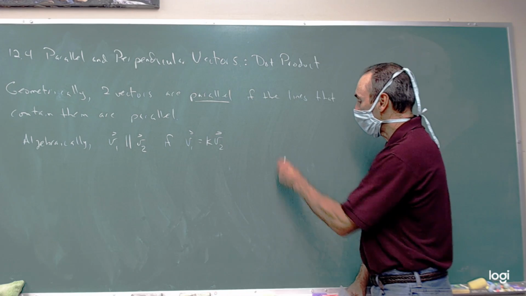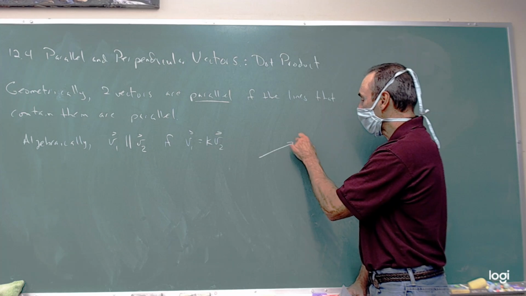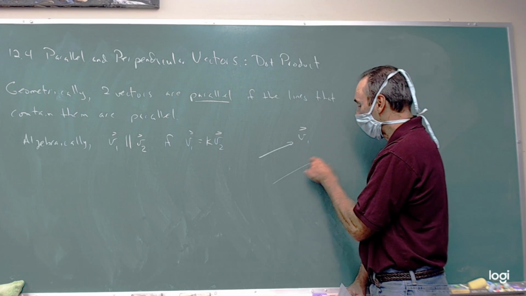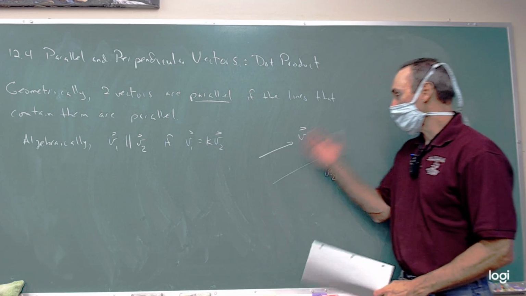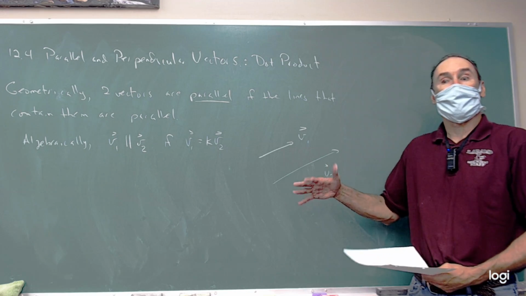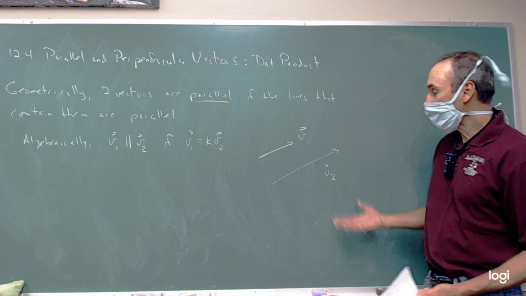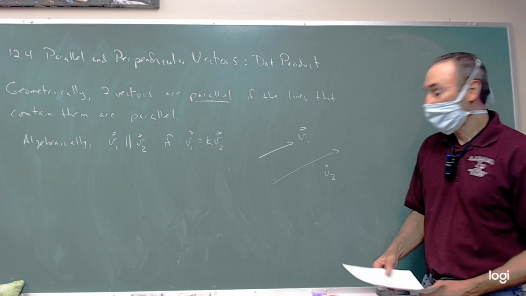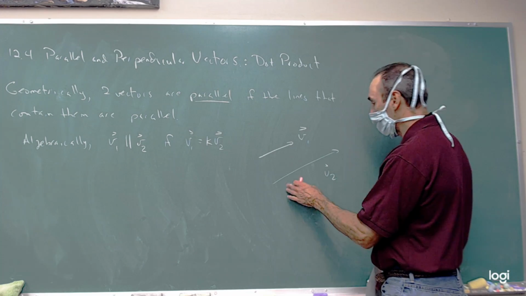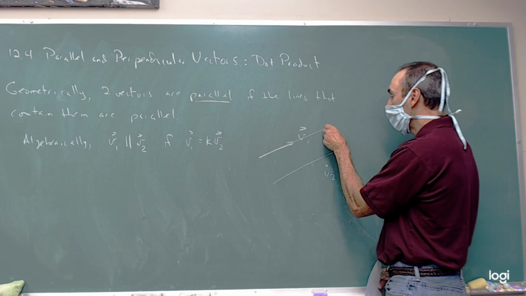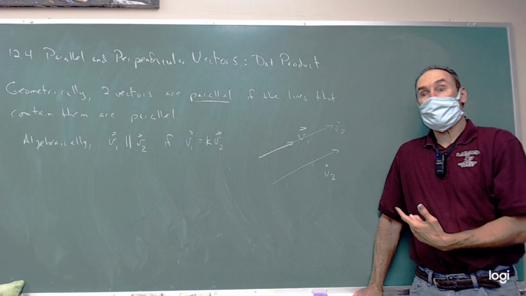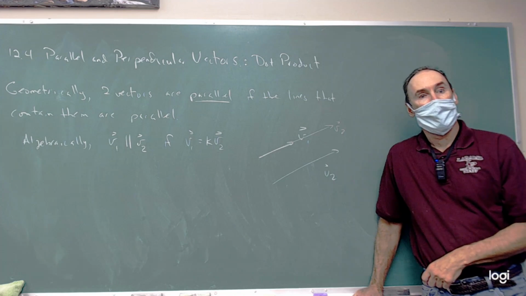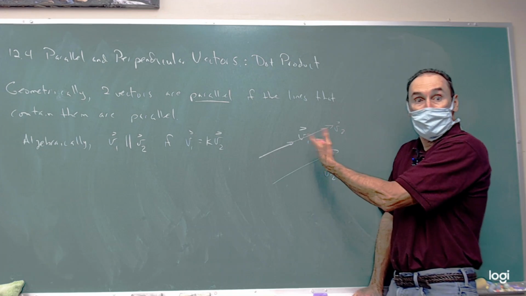So the idea is if this is V1 and we know it's parallel to V2, the lines that contain them have to be parallel, so they have to be tilted the same way. But remember, these vectors are slidable. So you can take that vector V2 and move it over there, right? So there's our vector V2 when we slide it right on top of V1. And now you can see that they're multiples of each other, right?